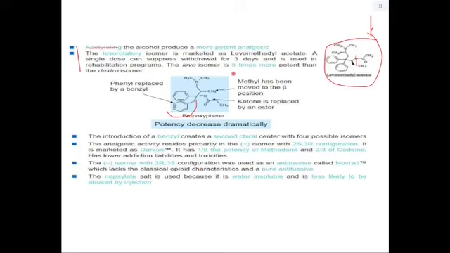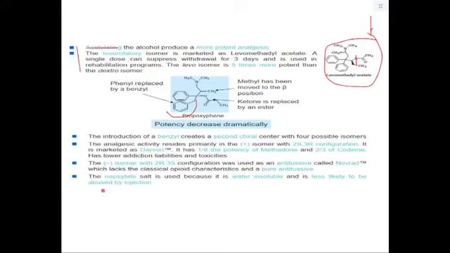Again, levopropoxyphene is an antitussive. It has no analgesic activity. The dextropropoxyphene, as we have discussed, will have analgesic activity, but much lower than either methadone or even codeine because of the structural modification.